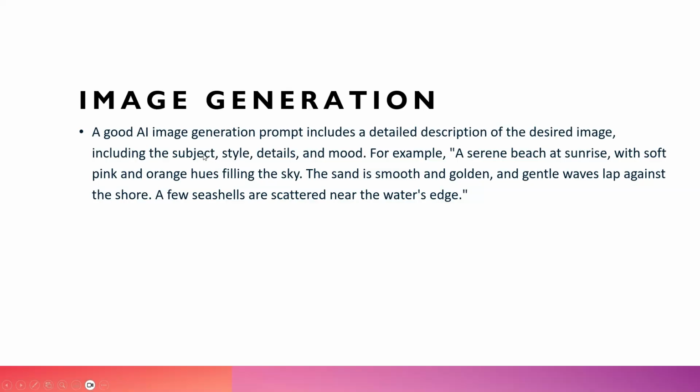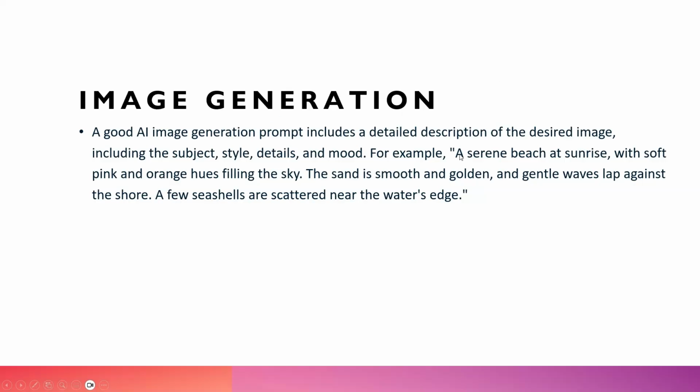We can also describe what subjects or objects or things should be present in the image. For example, a cat, a dog, a horse, a human, a small baby, a flower, a mountain, a river, a sky. Those subjects we can specify in the image generation prompt.